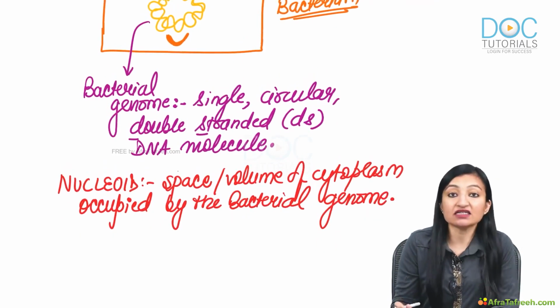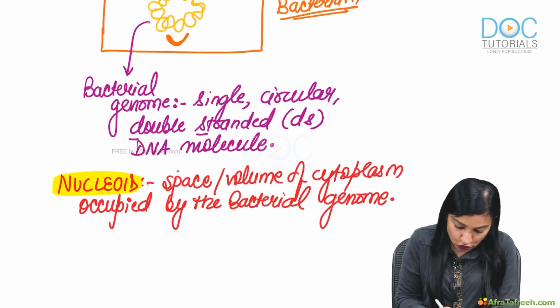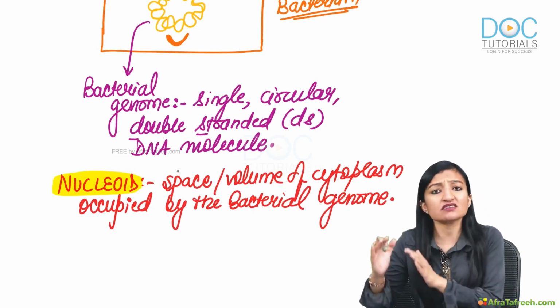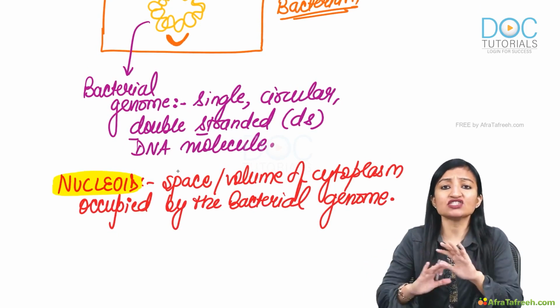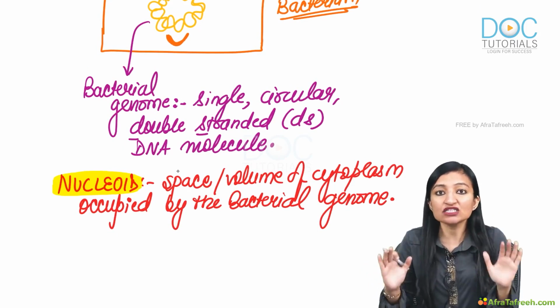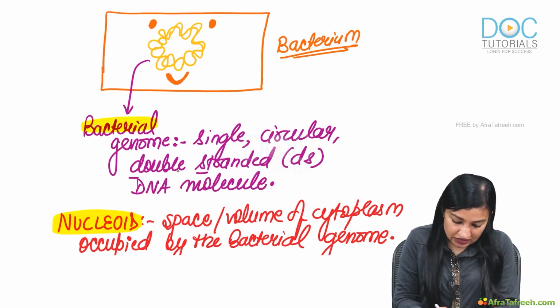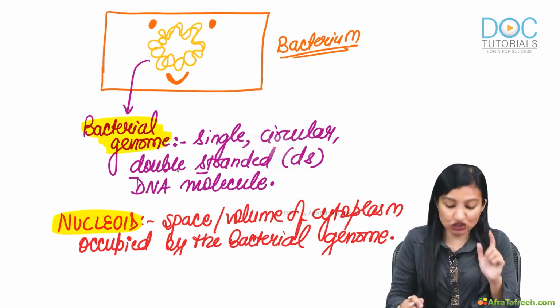Not to be confused with the nucleus at all. Nucleus is a specialized structure. Nucleoid is just a descriptive term. It does not mean any structure. This is very important, the definition of the bacterial genome.